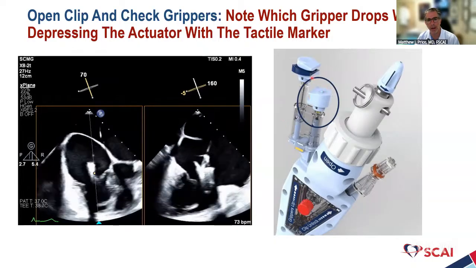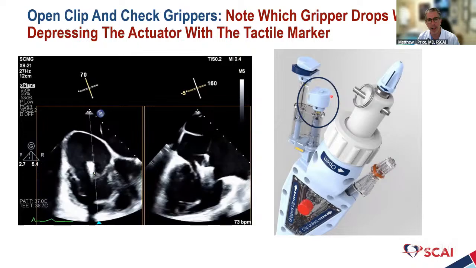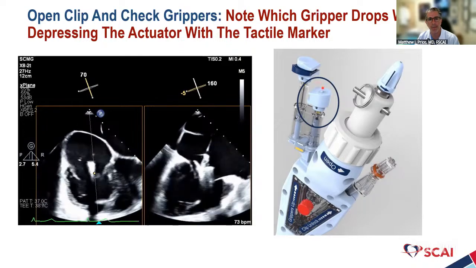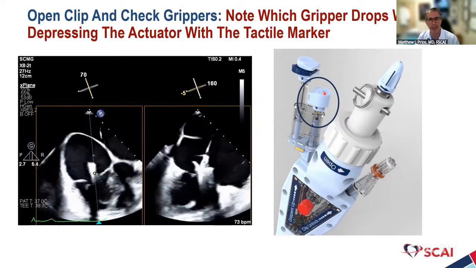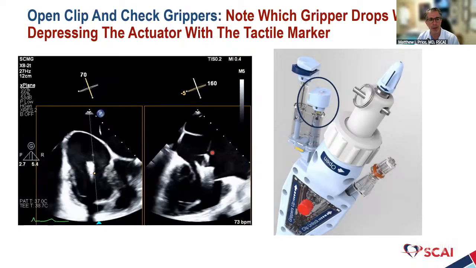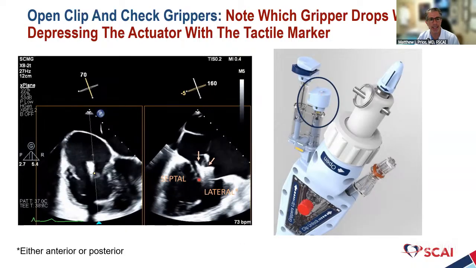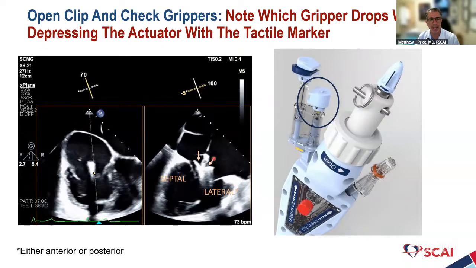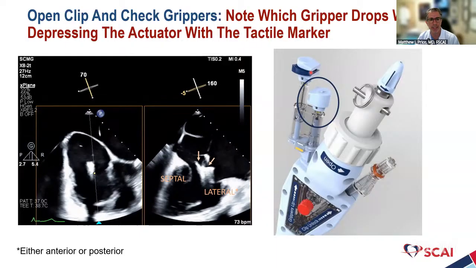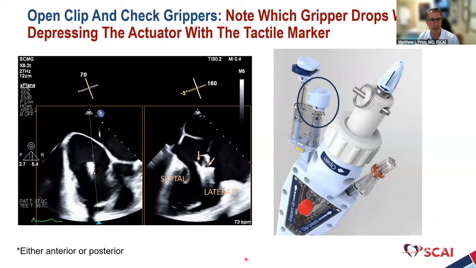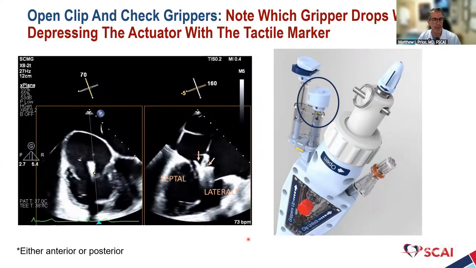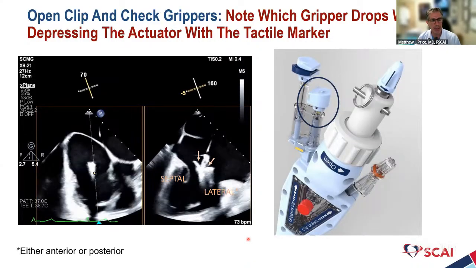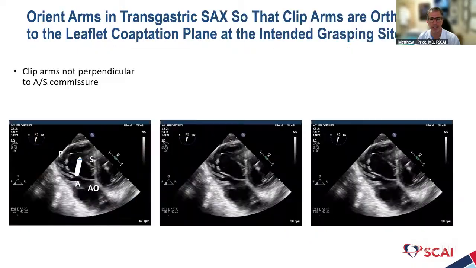You will unlock this lever and drop the gripper with the tactile marker, this little bump here, and you will look and see, is the gripper coming down on the septal leaflet or the anterior or posterior leaflet? Once you identify that, you remember it or mark it down, and then you press the other one just to make sure that the other gripper works. So you've oriented the grippers for when you need to use CGA for leaflet optimization, which we'll talk about.